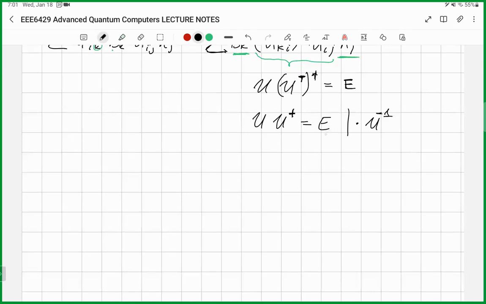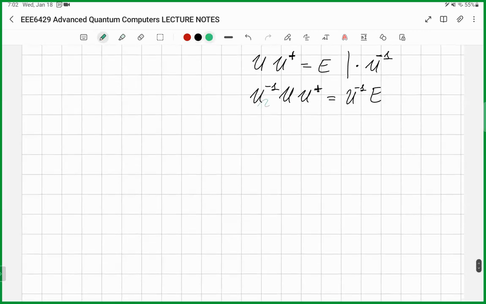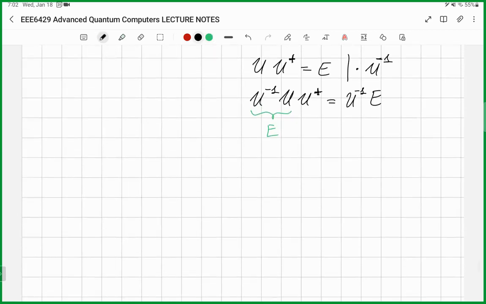The product of any matrix with the identity matrix gives the matrix itself, but here I get the inverse matrix times the matrix itself times the Hermitian matrix equals the inverse matrix times the identity matrix. So now I see that this guy gives me the identity matrix.